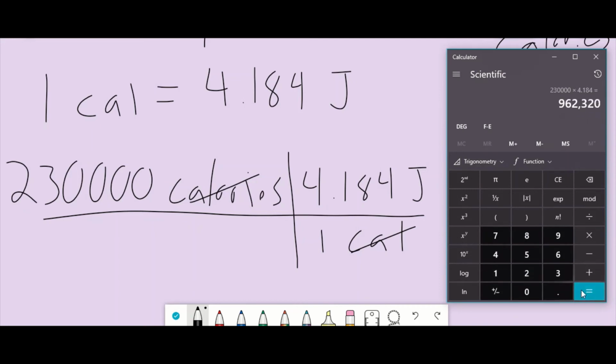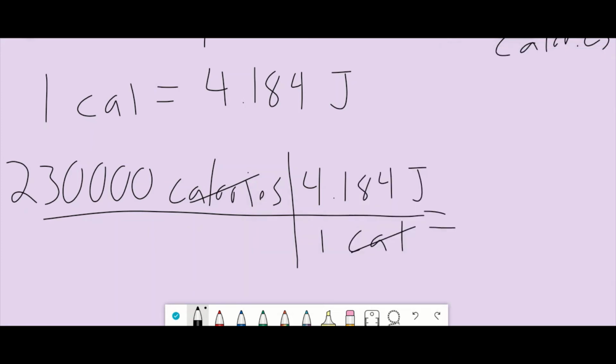That's going to give us our answer of 962,320 joules. So this seems like a lot of energy, which it is.